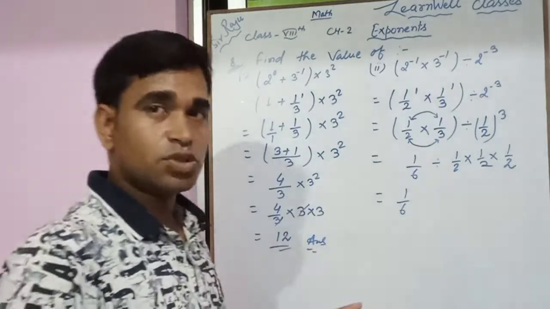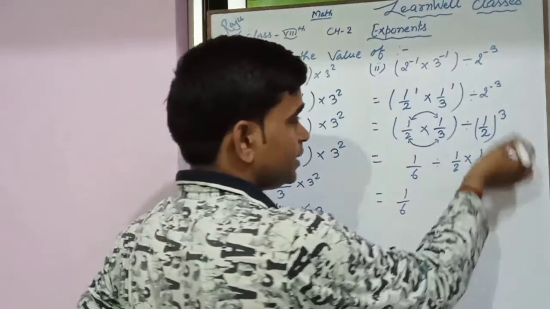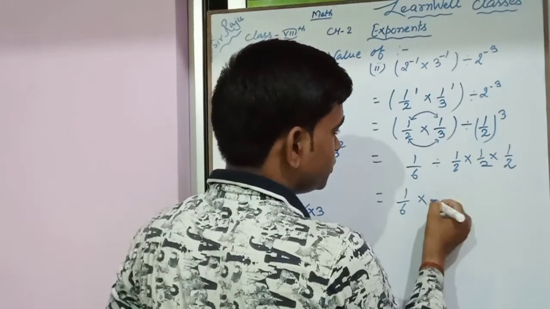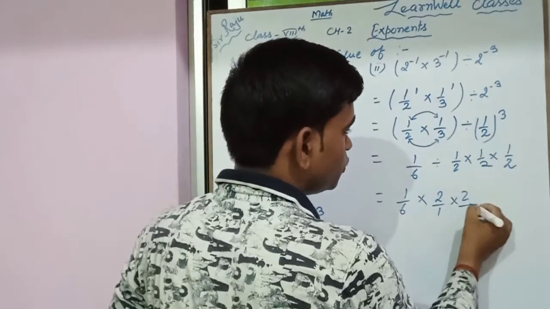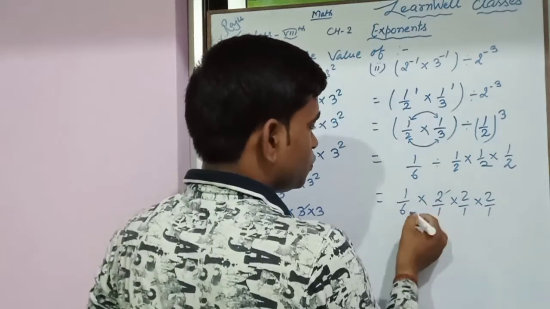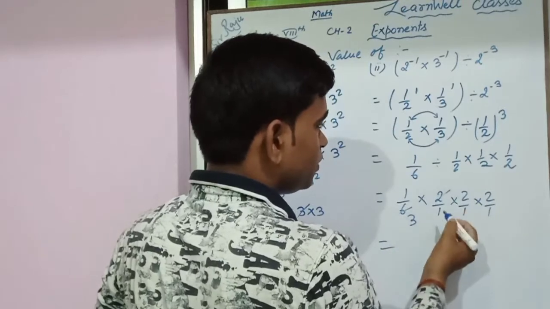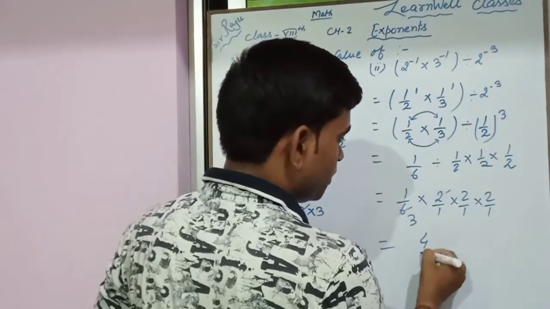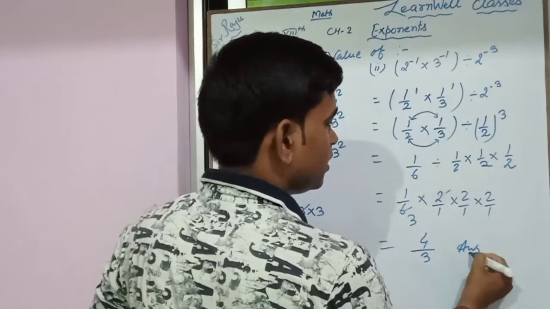When we change divide into multiply form, then it goes to the reciprocal number, 2 upon 1. 2 3s are 6, so it will be 1 into 2. 2 2s are 4. 4 upon 3 is that answer.